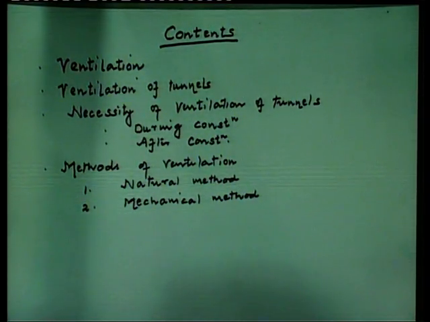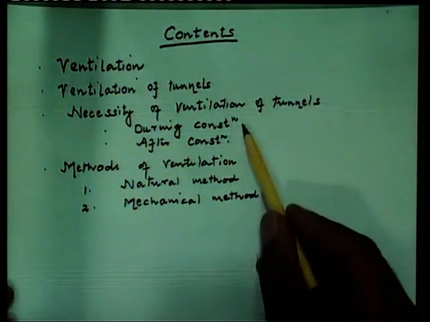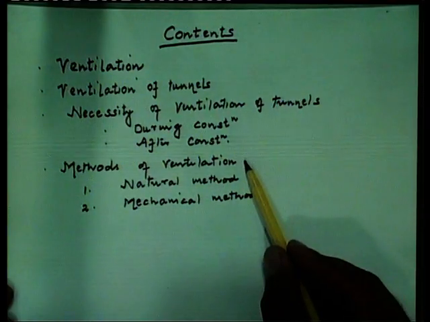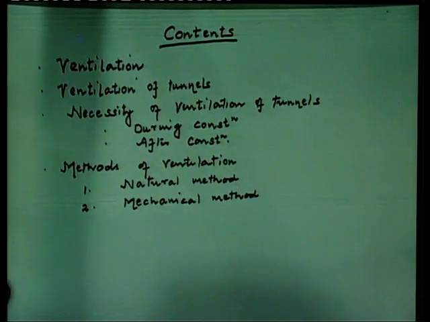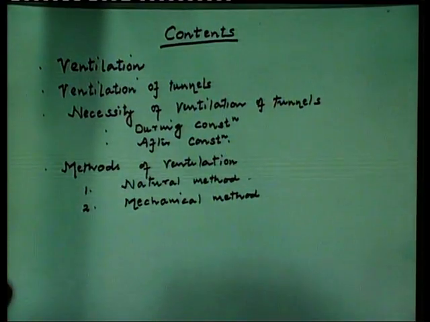So this is the content of today's lecture: the ventilation of tunnels, what is the necessity during construction and after construction, and what are the different methods of ventilation. And in this, we will see one by one what the natural method is and what the mechanical method is.